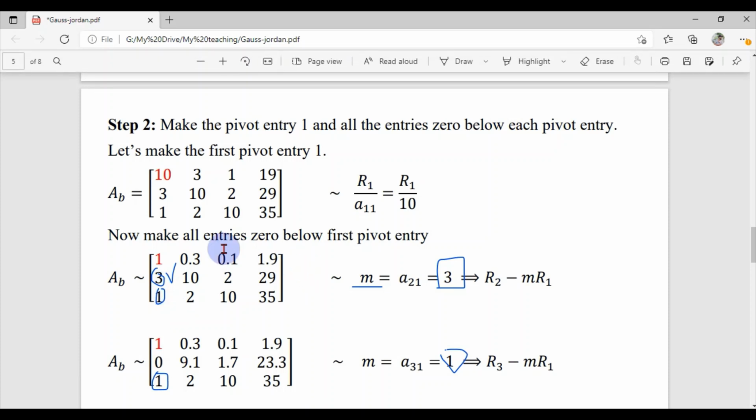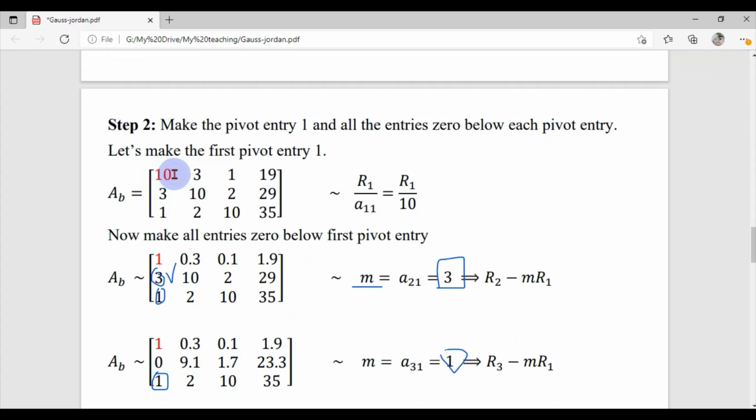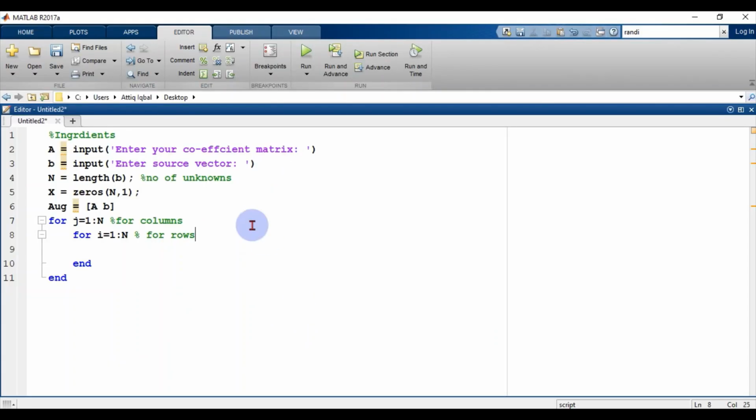To make the pivot entry 1, I divide the pivot row by that pivot entry. The pivot entry always comes on the diagonal for a consistent system. So this is how I will do it.